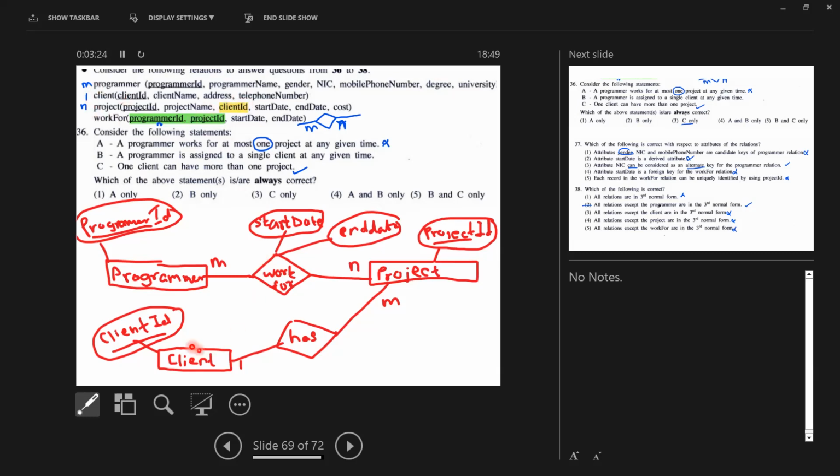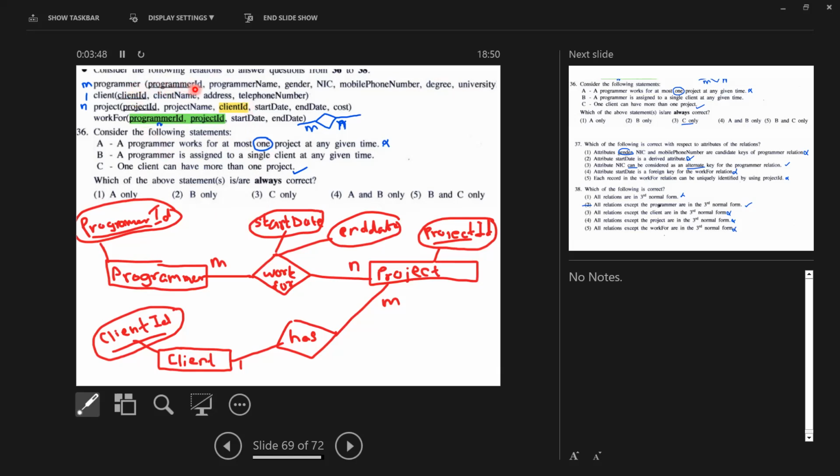As a result of the one-to-many relationship, the one-side primary key is moving to the many side. Therefore, the project table contains the client ID as the foreign key.